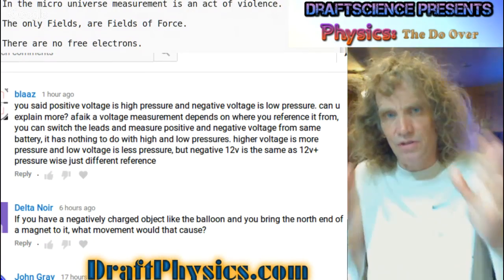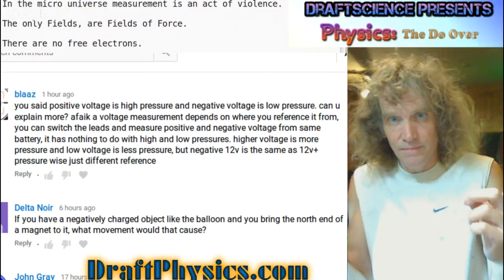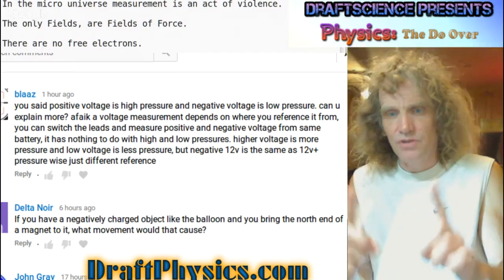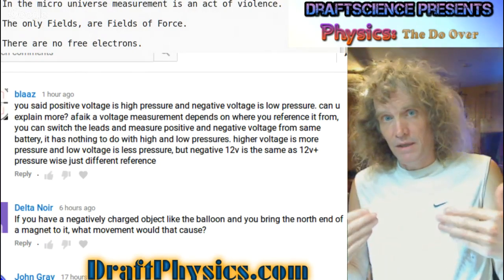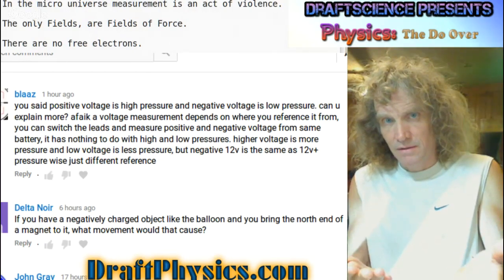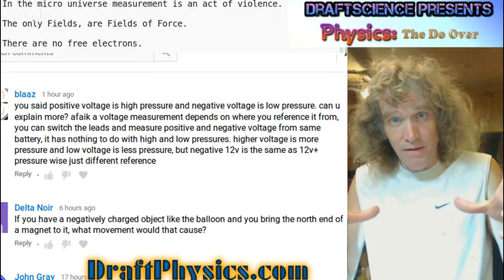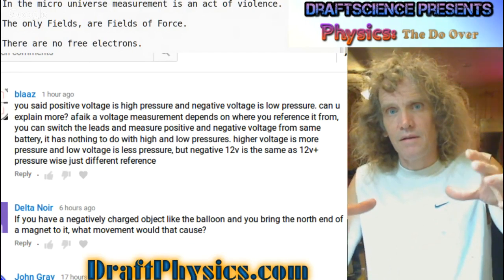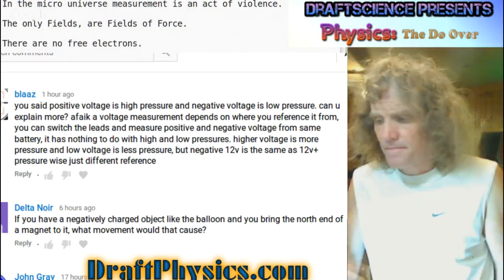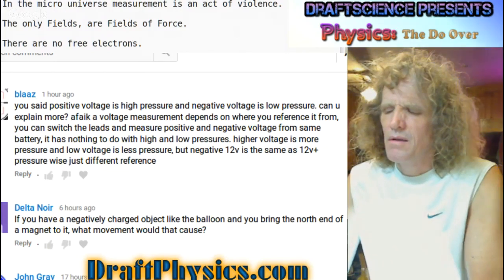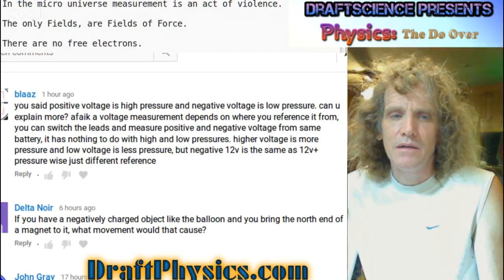The pressure changes the polarization of the atom. It changes it from being proton heavy to being electron heavy. When it's pressurized, it's electron heavy. When its pressure is relaxed, it becomes proton heavy. Hope I said that correctly.